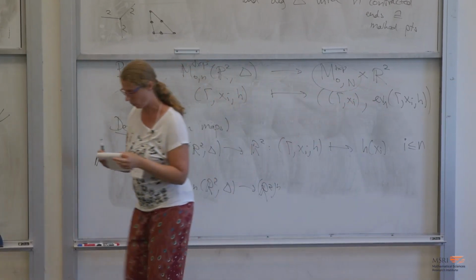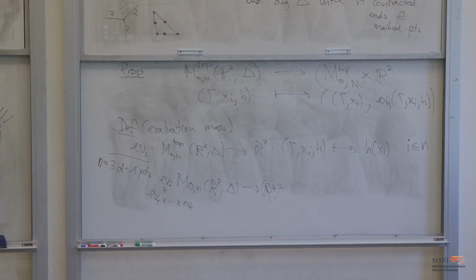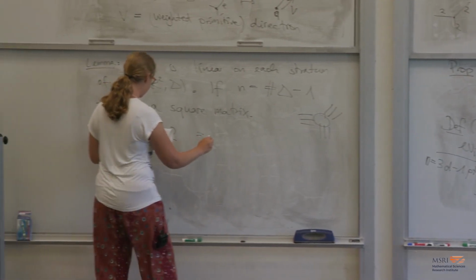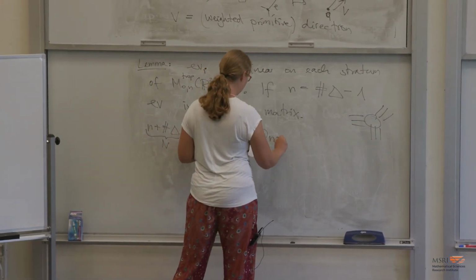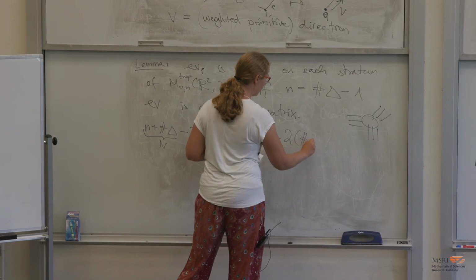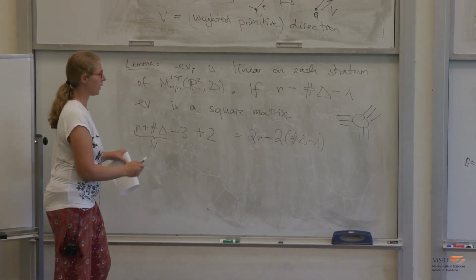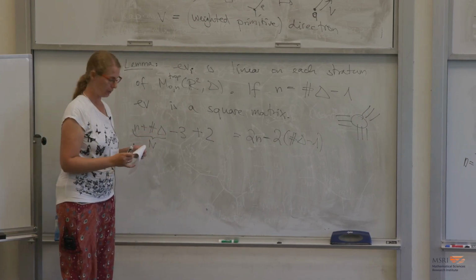That is the dimension I have in the biggest cone on this side. And on the other side, I have 2n, which is 2 times the number of Delta minus 1. So this is honestly an equality, and so I really have a square matrix.